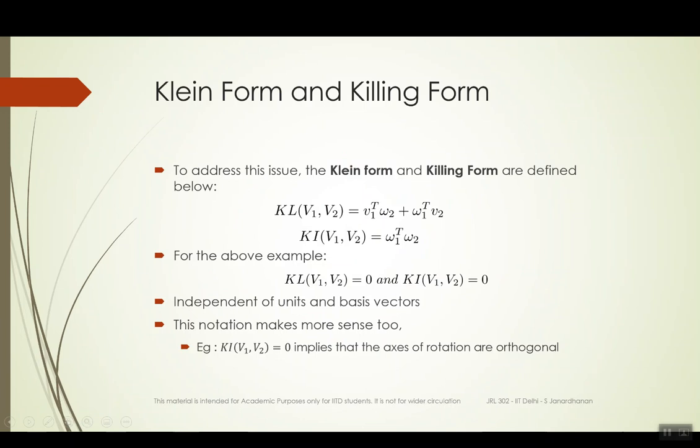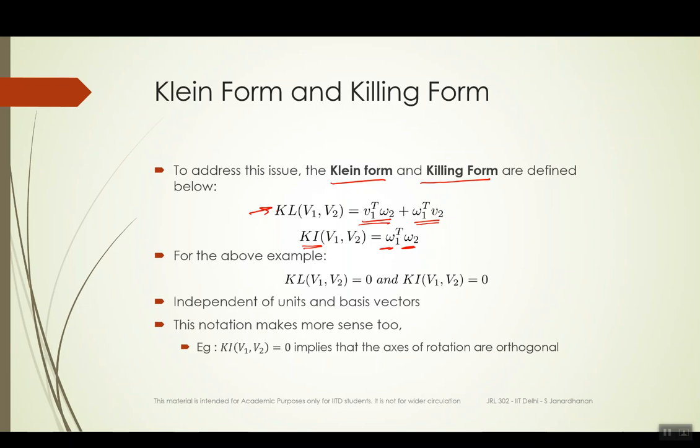To address this issue, we have the concept of a Klein form and a Killing form, where the Klein form is defined in this manner. If you have V1 and V2, then it is V1 transpose omega 2 plus omega 1 transpose V2, and the Killing form is just the angular velocity components taken as a dot product.